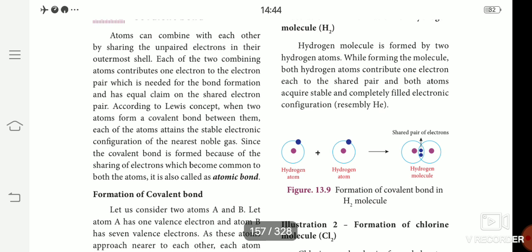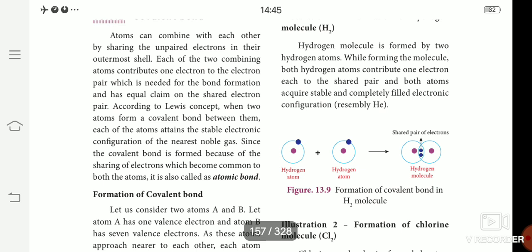The first example is the molecule of hydrogen. Hydrogen has atomic number 1, and the electronic configuration is 1s1.